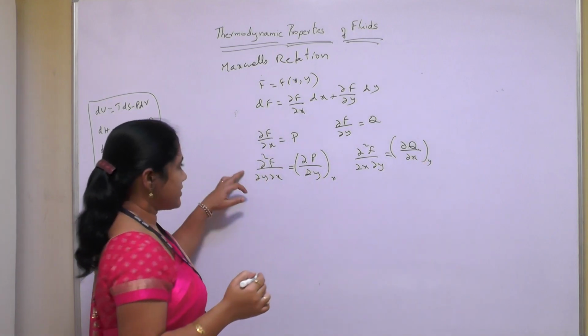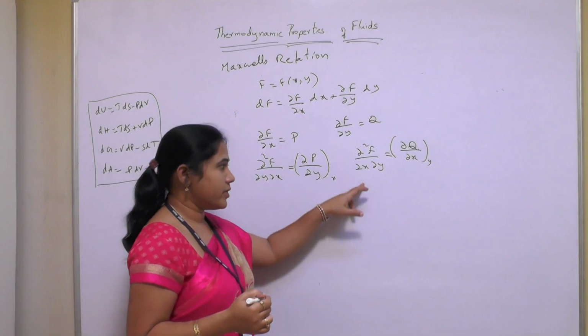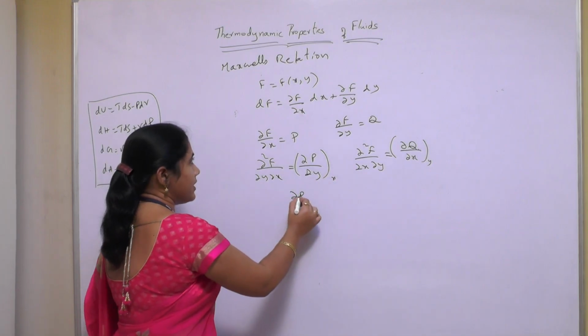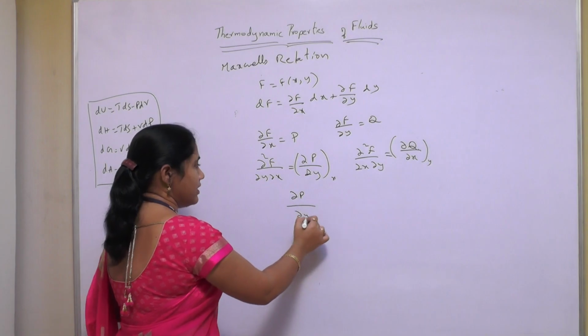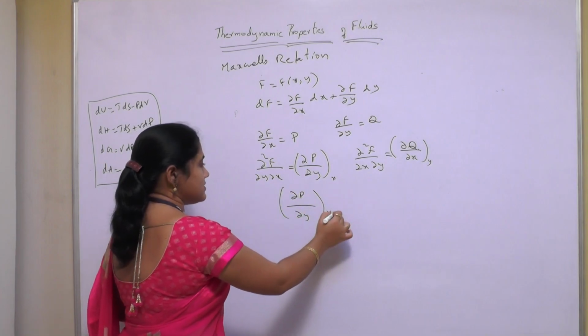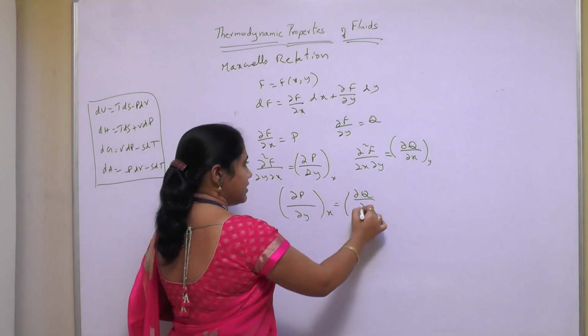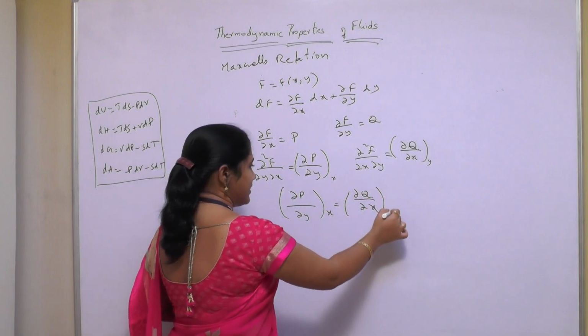These two second derivatives are the same. Therefore, ∂p/∂y at constant x equals ∂q/∂x at constant y.